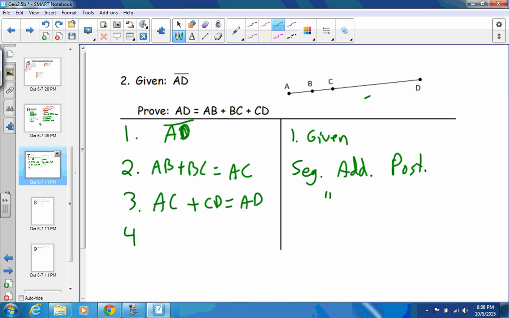Oh, look, we have what AC is equal to. So why don't we substitute what AC is equal to in for AC? So my next step is going to be that AB plus BC plus CD is equal to AD by substitution.